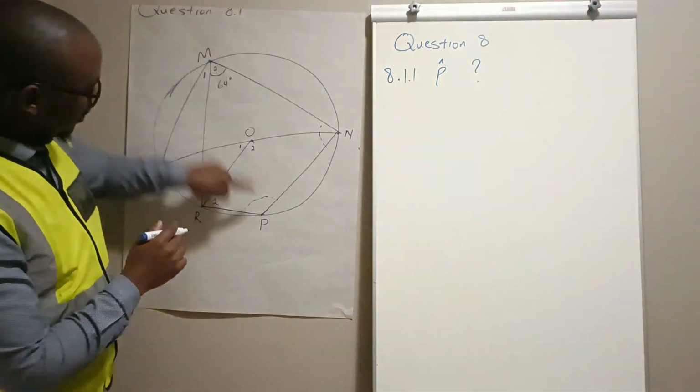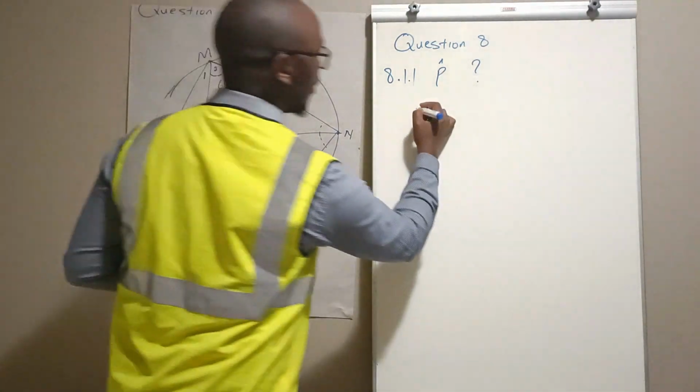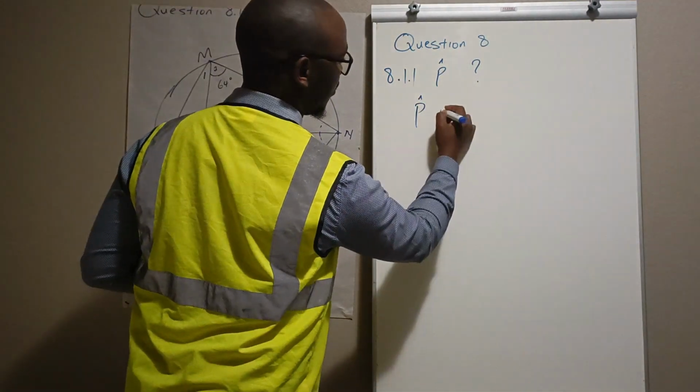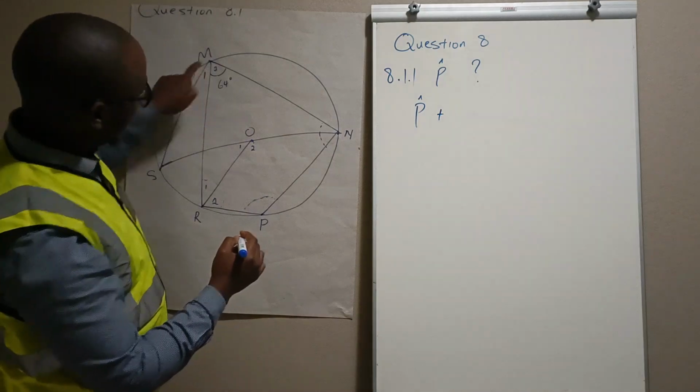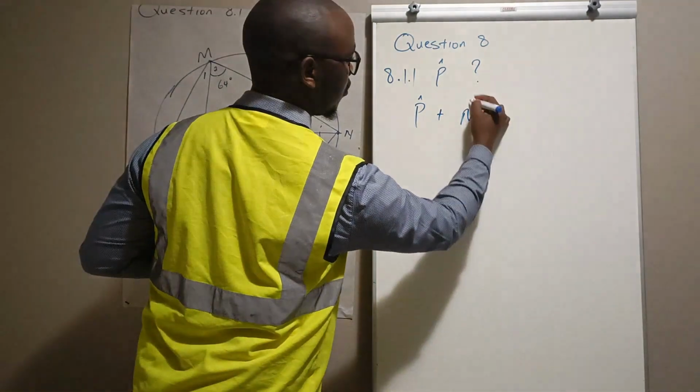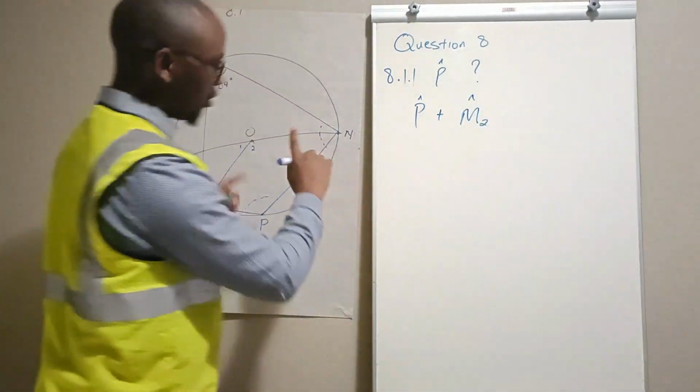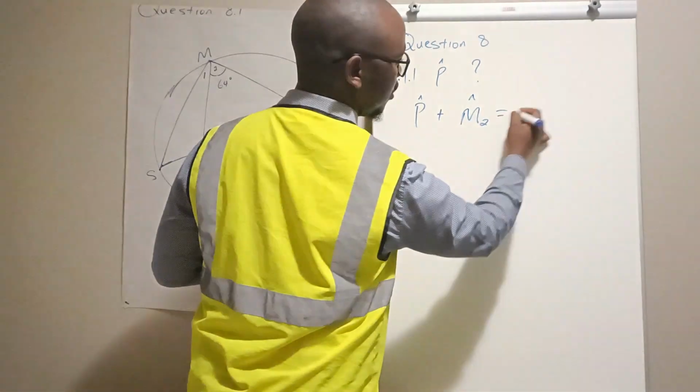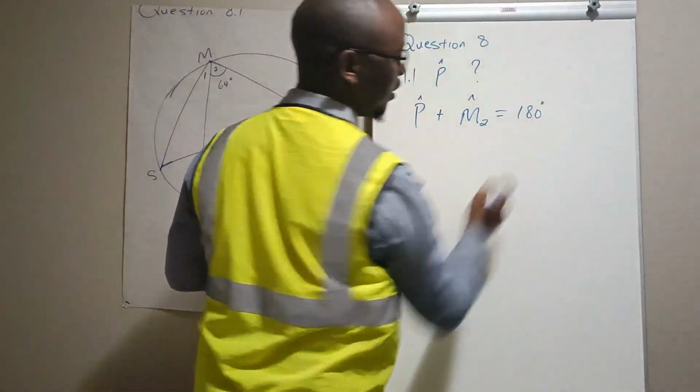But we know that these two angles, angle P plus angle M2, should add up to 180 degrees.